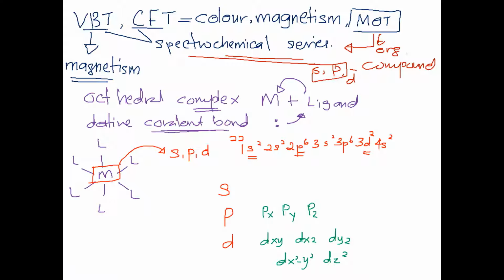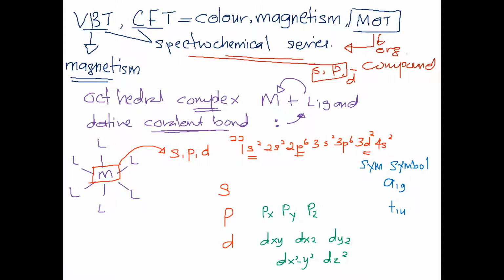Then each of the orbitals will have a symmetry symbol. Do you remember the symmetry symbols? The symmetry symbol for s will be A1g. The symmetry symbol for p will be T1u.